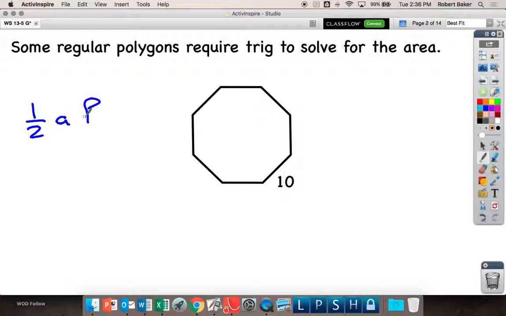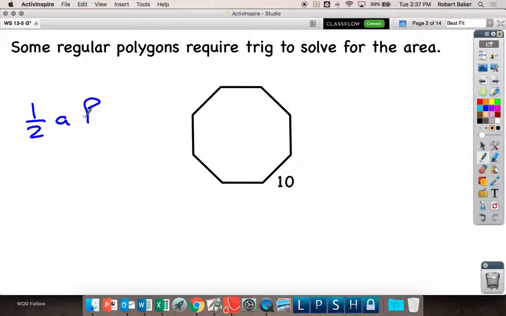Now, you probably want to draw this. So, we got an octagon, and we know that one side of that octagon is 10 units long. Now, with just the information that we're given, what are we able to fill out in the formula? The perimeter. All right, it is an octagon.